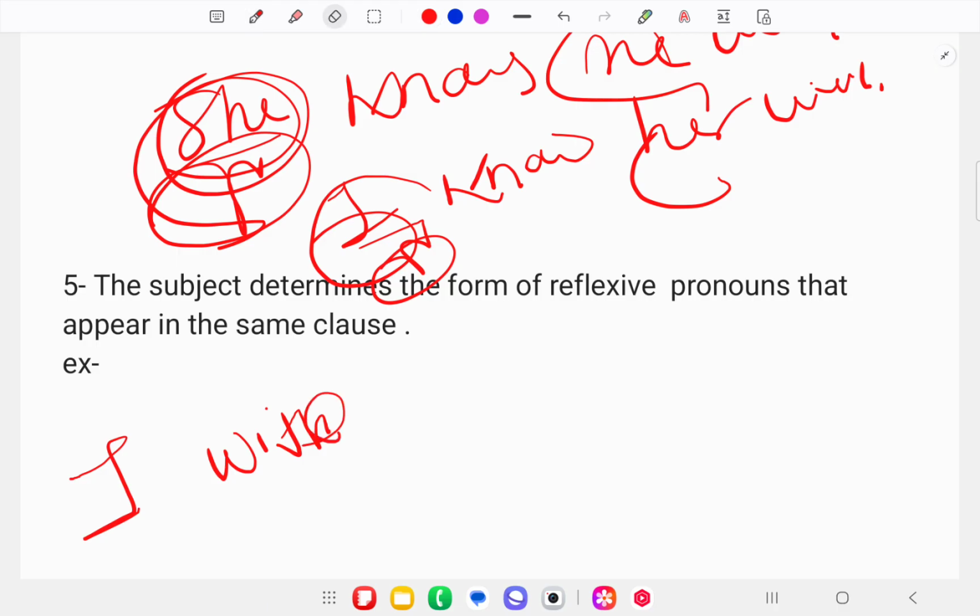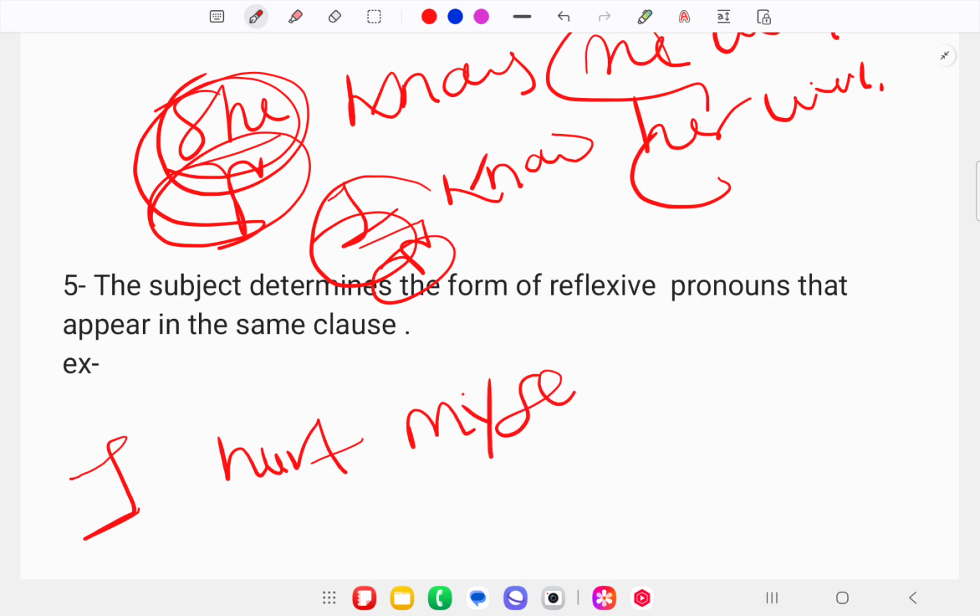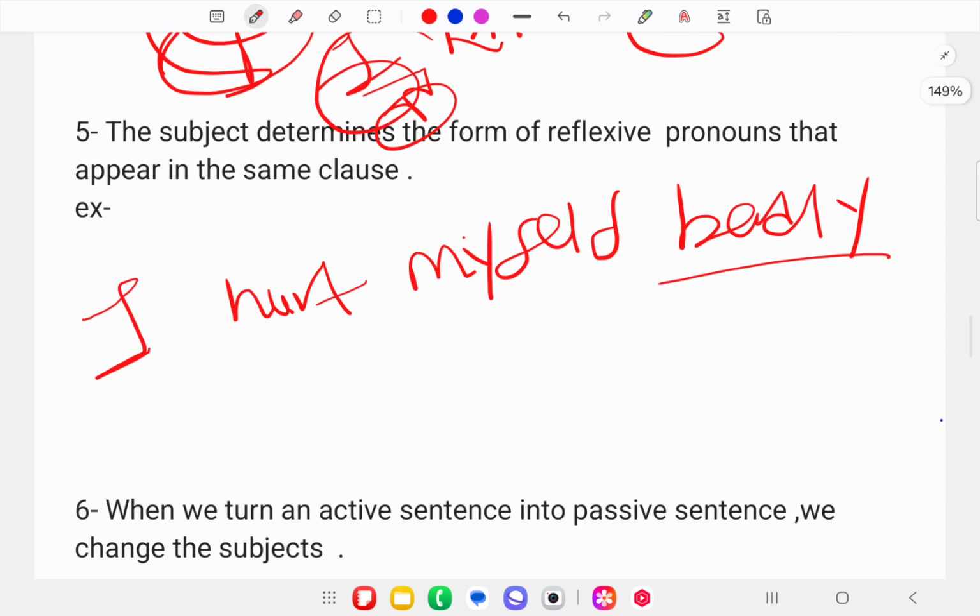We can take an example: "I hurt myself." Here is another example: "I hurt myself so badly."